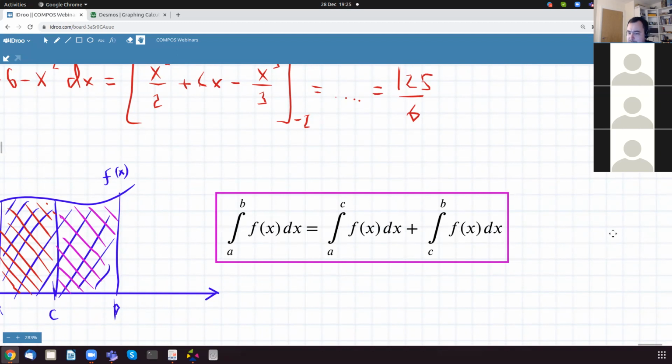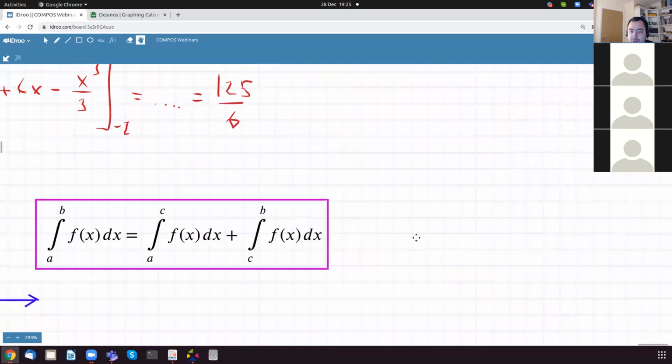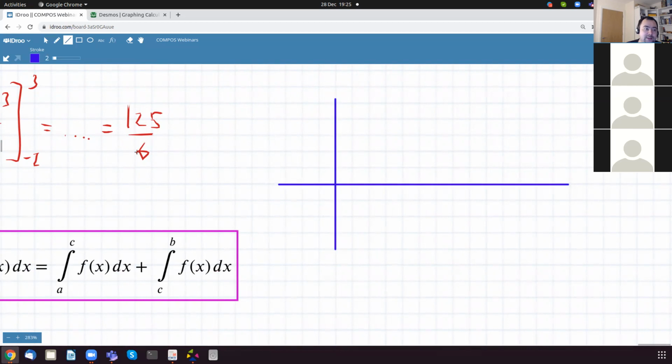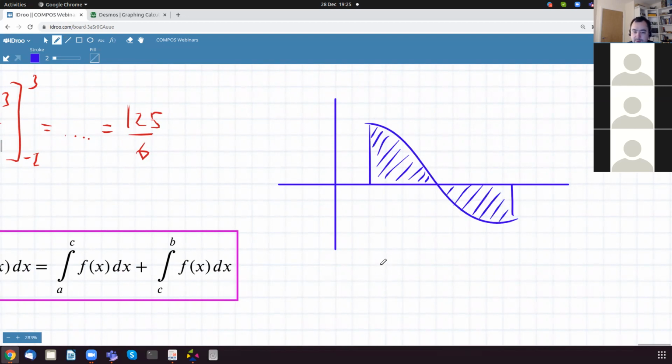Depends. It depends what you're looking for. If you need the total shaded area, then yes. If you have, for example, a function that goes like this, and you need the total shaded area, then you do have to take the modulus of the integrals.